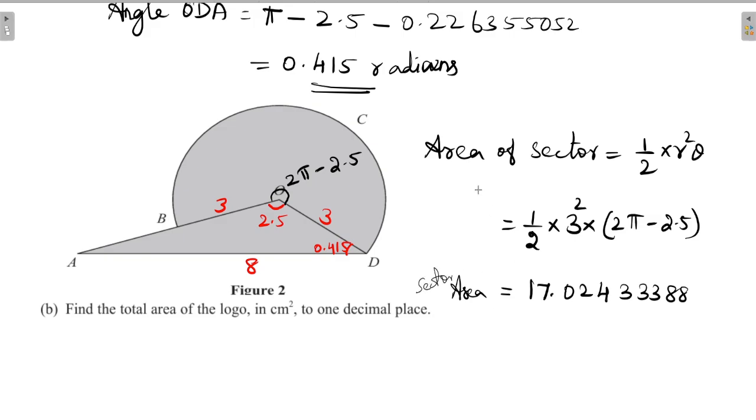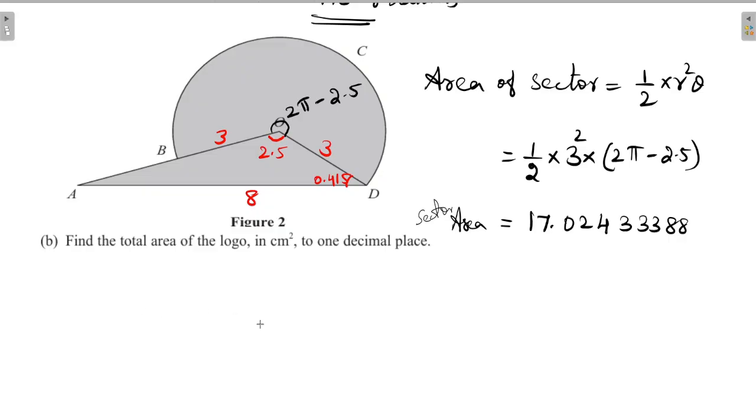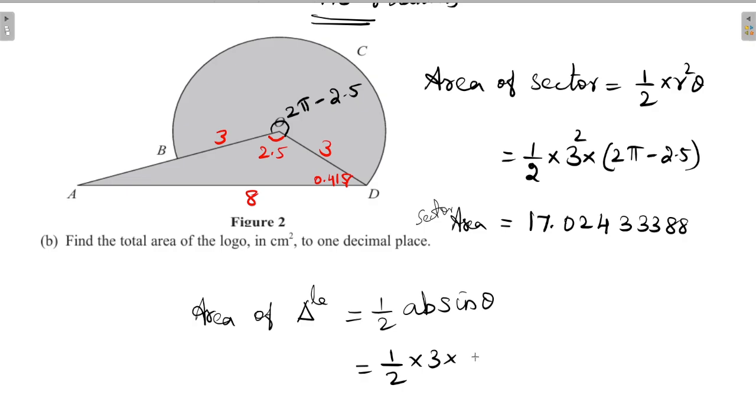Now we can find the area of the triangle. The area of a triangle, if the angle is given, is half AB sine theta, when we know theta and the adjacent sides of theta. So let's use 1 by 2 times 3 times 8 times sine 0.415.